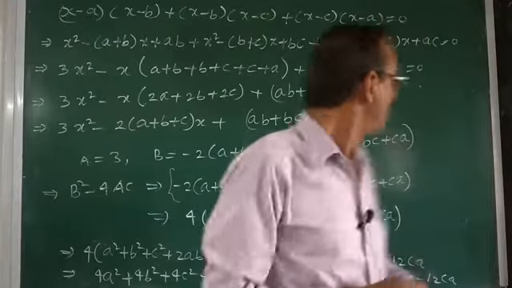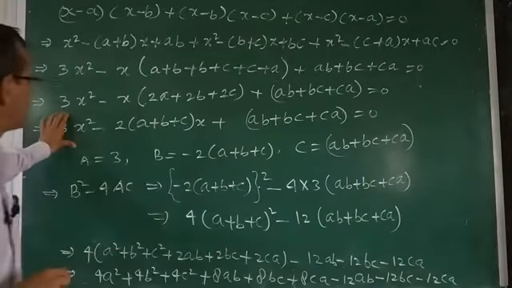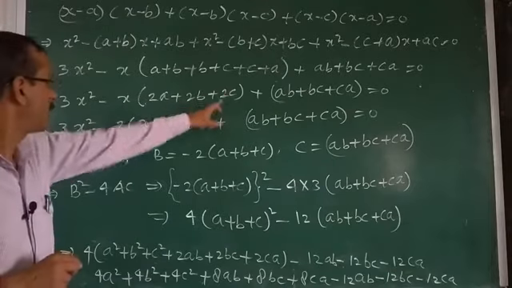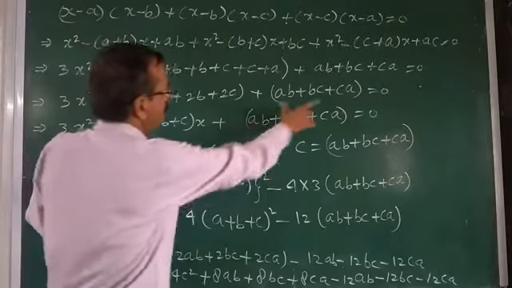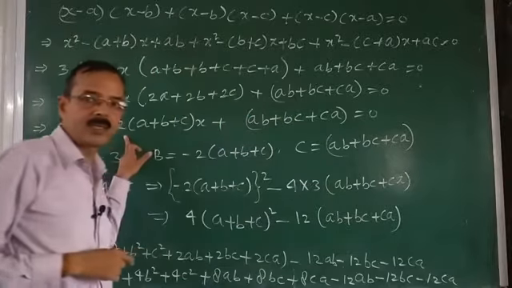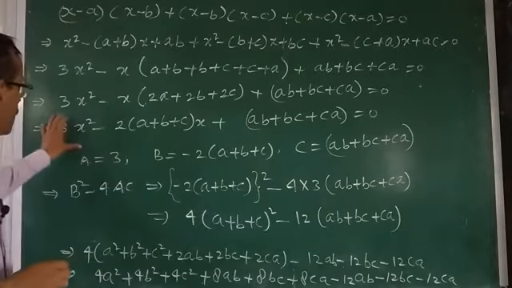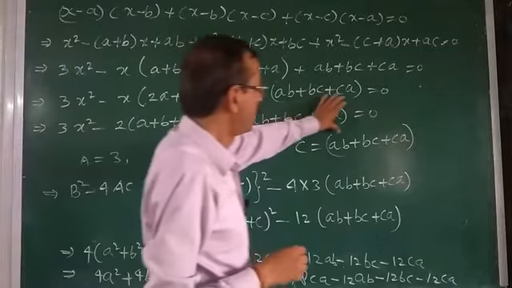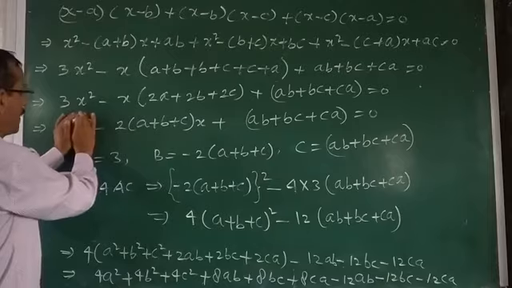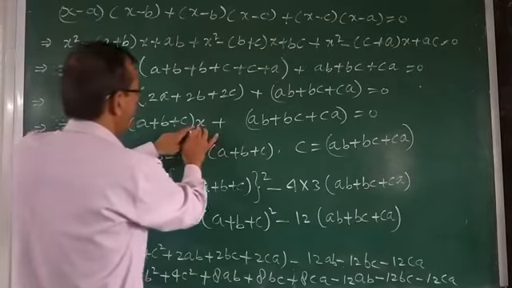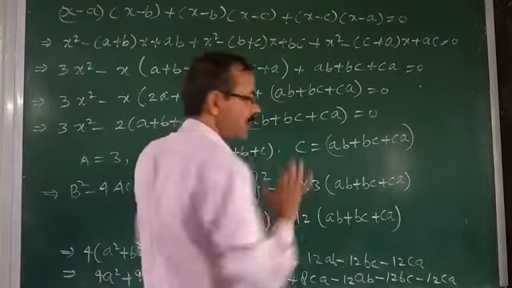Now taking 2 common from here, 3x square minus 2(a plus b plus c)x plus ab plus bc plus ca is equal to 0. This looks like a quadratic equation, ax square plus bx plus c.